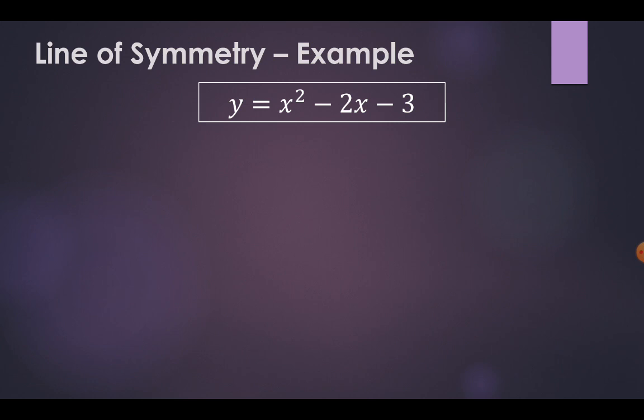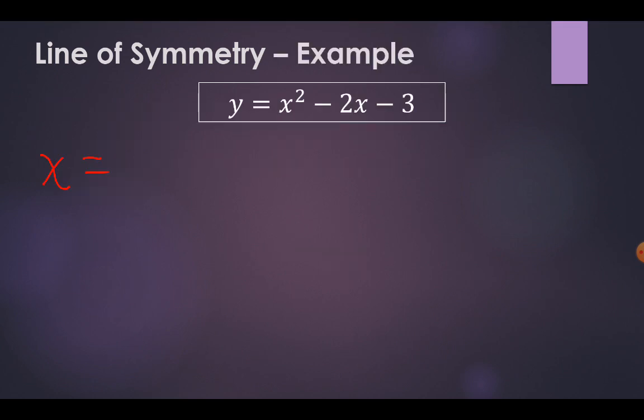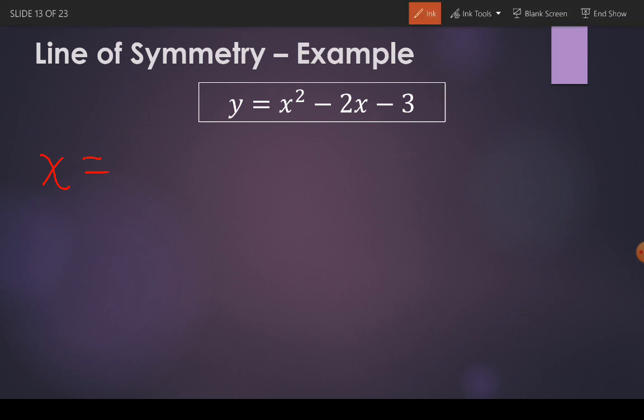So let's find the line of symmetry of x squared minus 2x minus 3. What we need to do is use the vertex formula, which is x equals negative b over 2 times a. So we need to identify a. a is 1, b is negative 2, and c is negative 3. So we can plug our values into our equation.